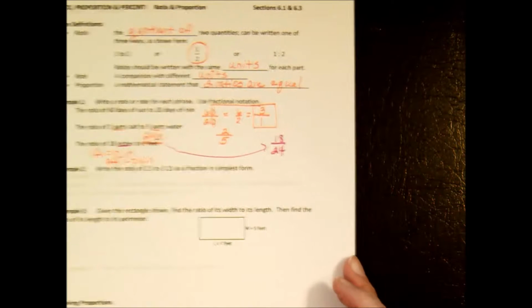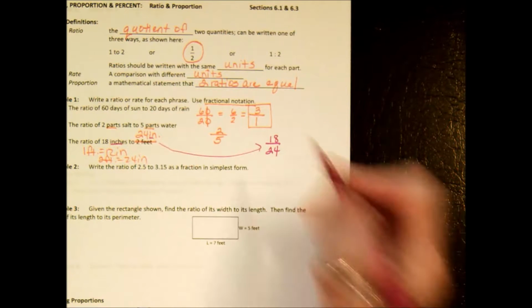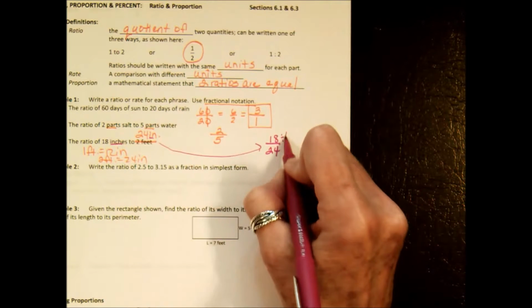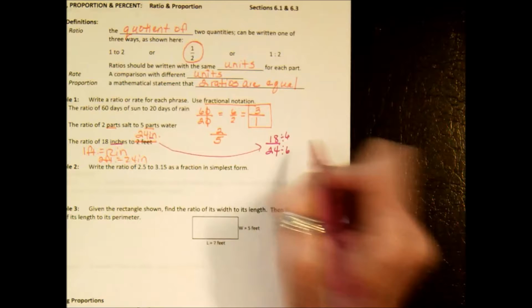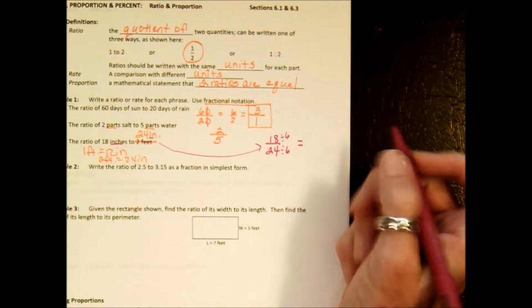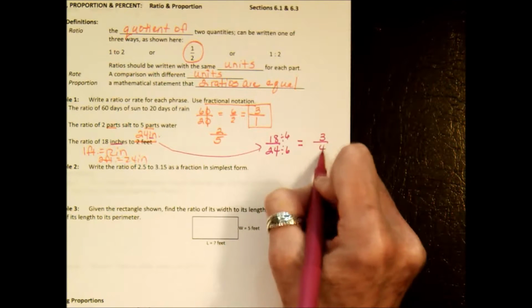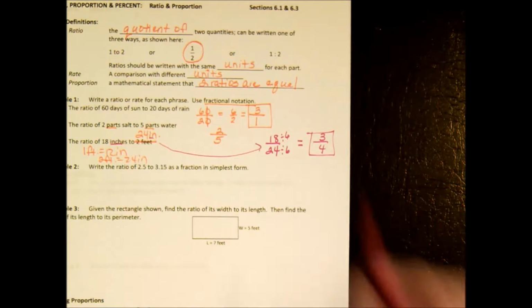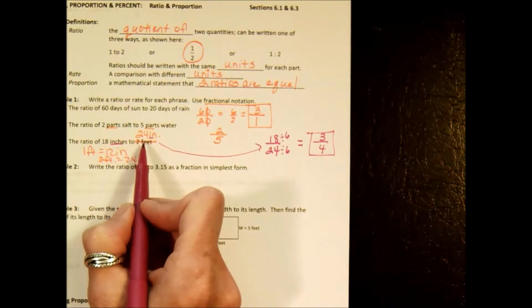So I have like units, and I have to now simplify this by dividing by the greatest common factor, which is 6, and I end up with 3 to 4. So what you end up with perhaps may not look like the numbers that you started with. So be very, very careful on ones that are measurement.